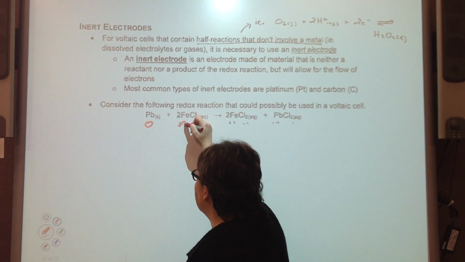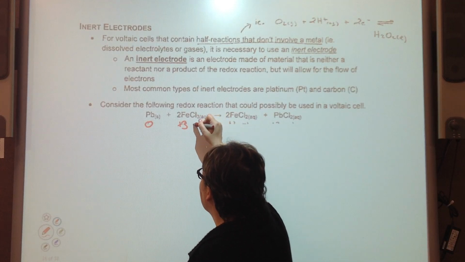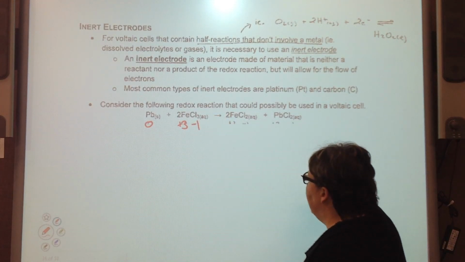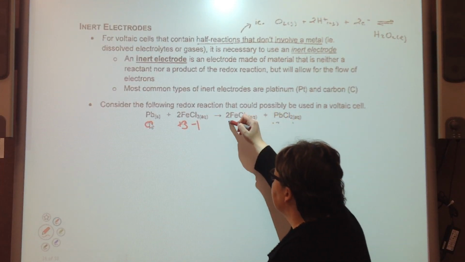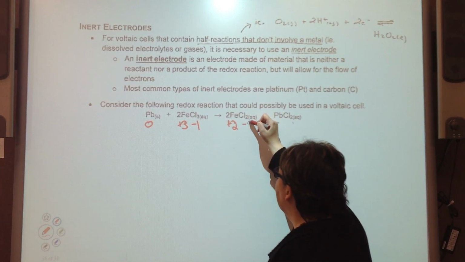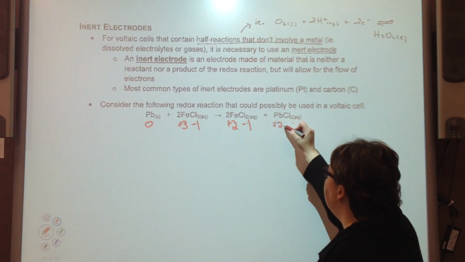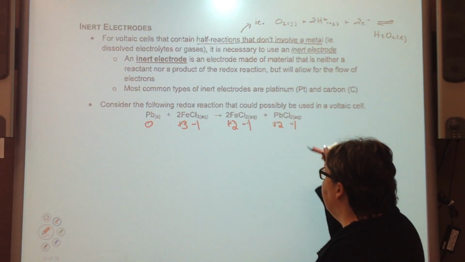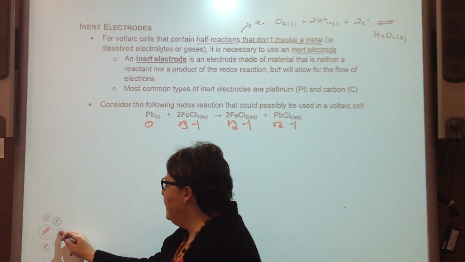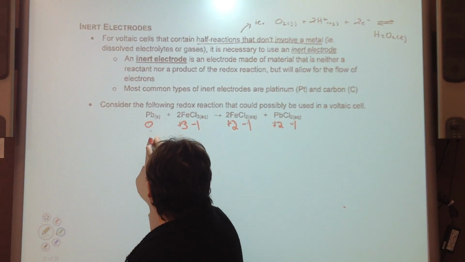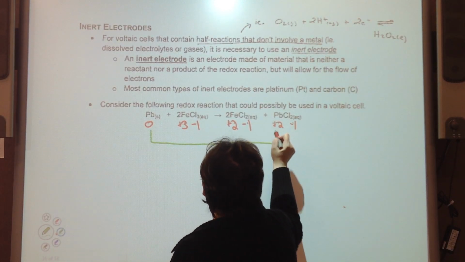Plus 3. Chloride? Minus 1. Okay. Iron 2 chloride? Plus 2 for the iron. Minus 1. And lead 2 chloride? Plus 2 and minus 1.